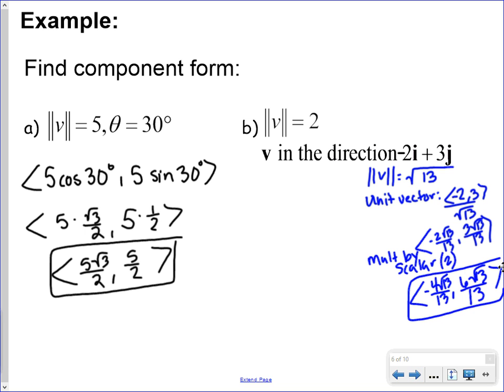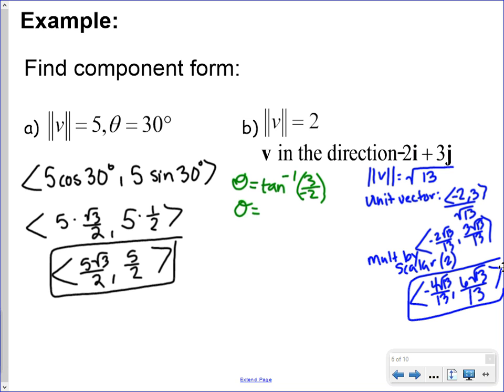Is that the only method that groups talked about? Mason, your group talked about something different? You could take the inverse tangent of negative 2/3, and then you get an angle. Okay, so theta is equal to the inverse tangent of 3 over negative 2. Did you guys get an angle for that?